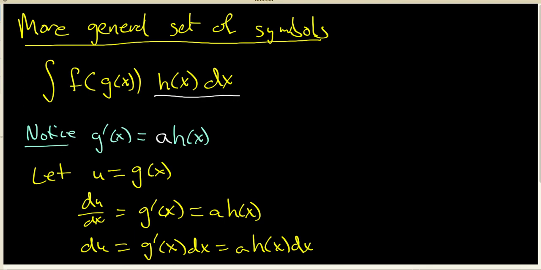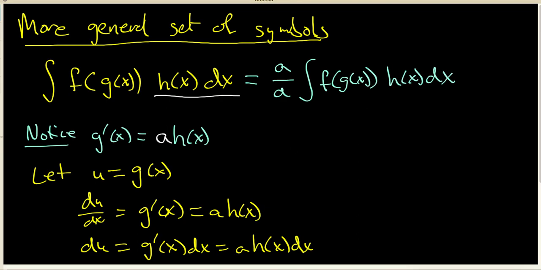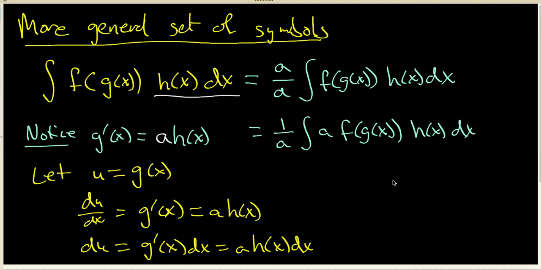Then I'm going to fiddle with my integral. I'm going to rewrite it as a over a times the antiderivative of f of g of x times h of x dx. I will bring in the top a through the integral sign. When I do that, I've got 1 over a times f of g of x times h of x dx. Now I'm going to simply circle some things.